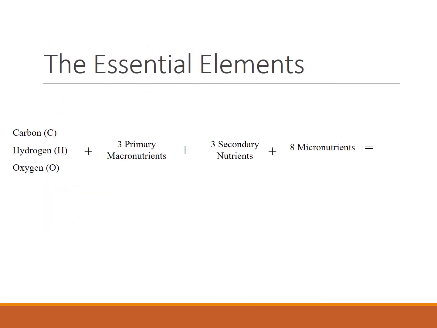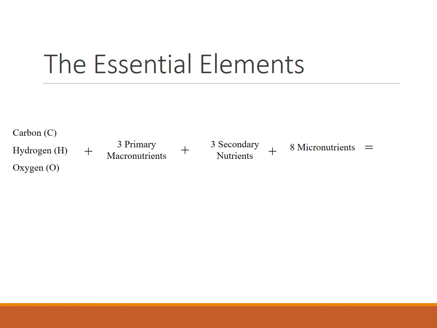Let's go ahead and add up all these different categories of nutrients. Starting on the left-hand side, we had carbon, hydrogen, and oxygen, and we said those were non-mineral nutrients. And then we have three primary macronutrients: nitrogen, phosphorus, and potassium. We have three secondary nutrients: calcium, magnesium, and sulfur.